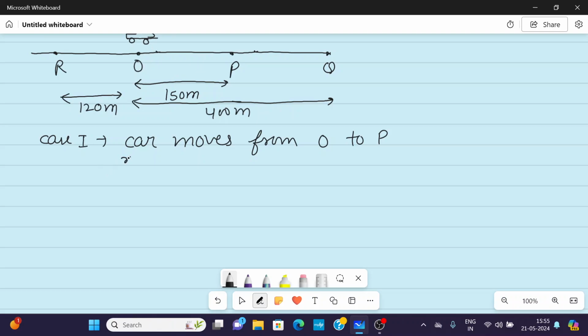So in this case, the initial position is at 0 distance and final position is at plus 150 meter distance from the origin.